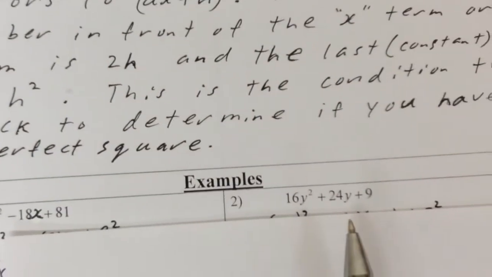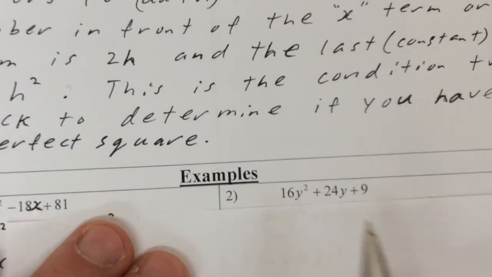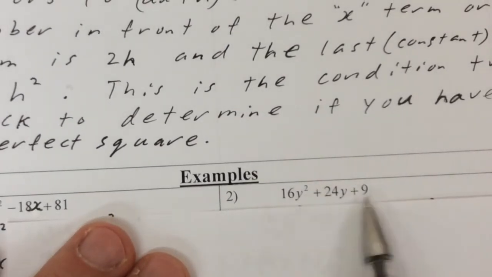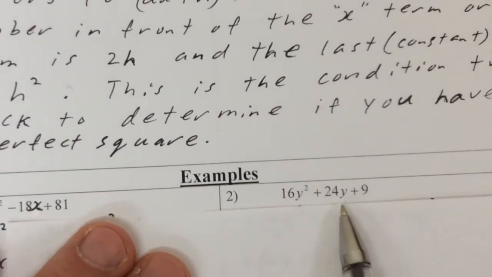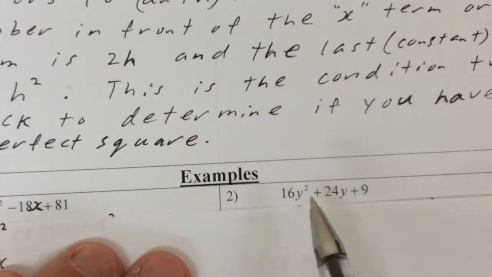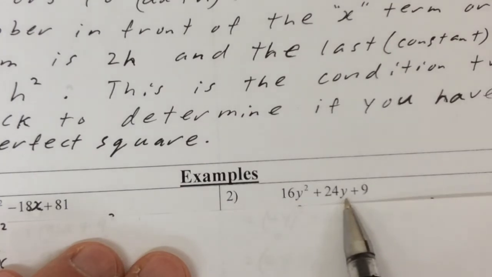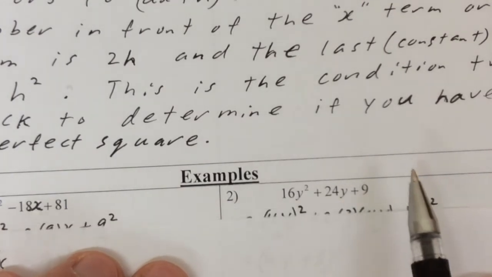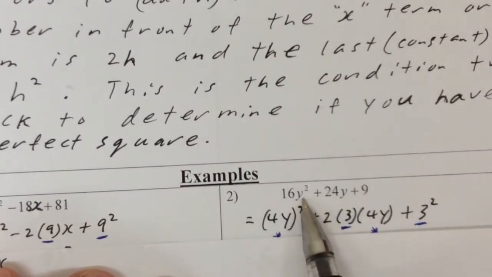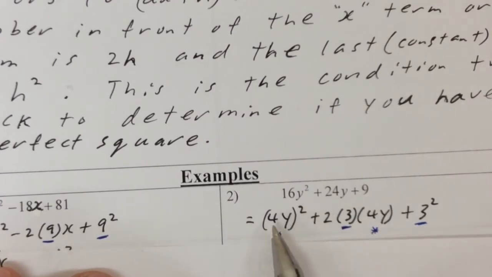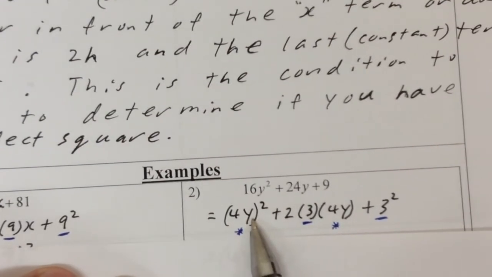Here's another one, a little more complex now. Is there a common factor? No, there's no common factor for this one. So I'm going to rewrite this as some entity squared plus some number times that thing plus 9. So 16y squared is the same as 4y all squared.